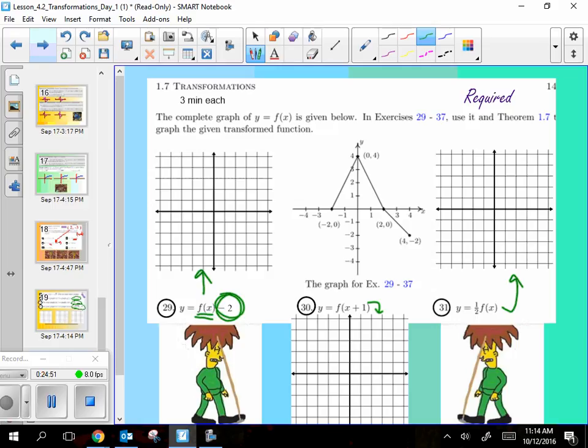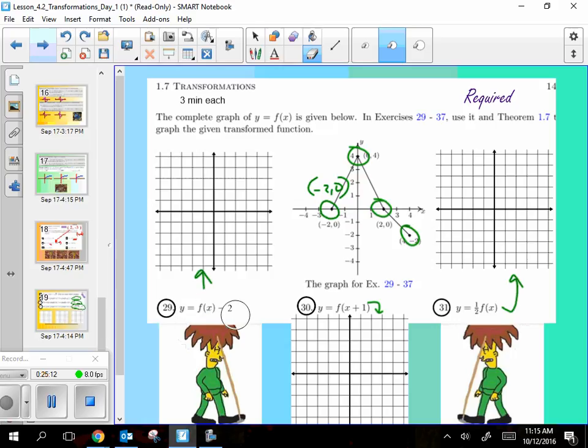So you take each point and move them down 2. Now we can do the really complicated process of what is this point exactly? It's -2 comma 0, and go through that whole set up the equation thing. But I think in this case it's so easy. You just take each point and move them down 2. So I'm going to take that point, which was here, and I move it down 2.